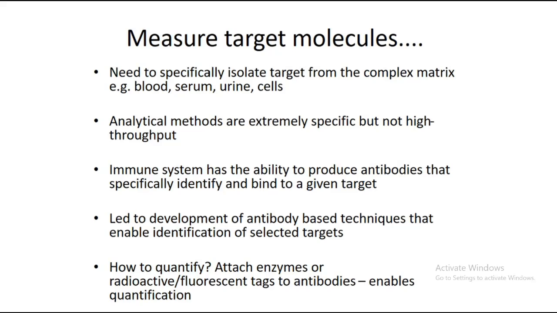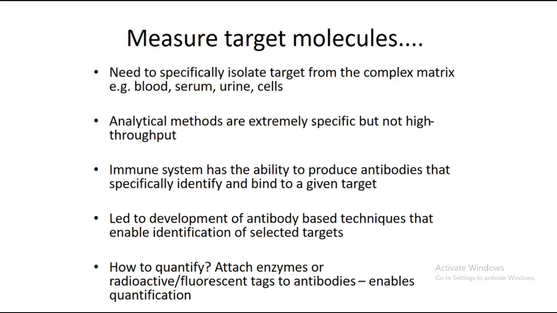And the whole concept is that the immune system has the ability to produce antibodies that have extremely high specificity for a given target, and it's exploiting this property of the immune system which we're going to talk about. So all of this has led to development of antibody-based techniques that enable the identification of selected targets.